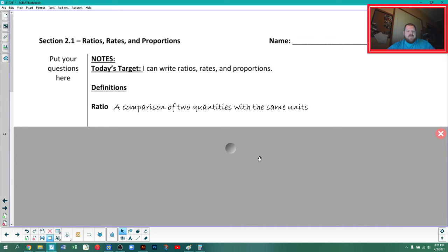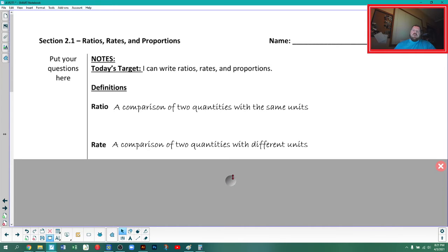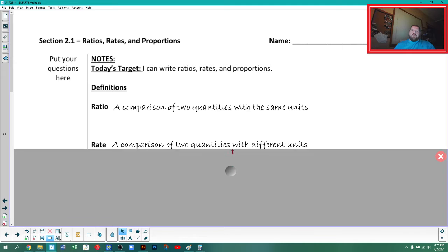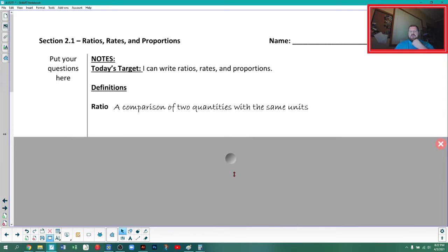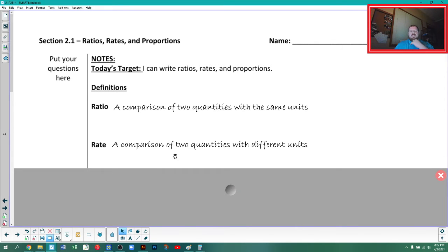So the first one is a ratio. It's a comparison of two quantities. Actually, let me take that back. Yeah, with the same units. Sorry. This is often, I'm not going to say overlooked, but a ratio should have two things with the same units, whereas a rate is going to be a comparison of two quantities with different units.